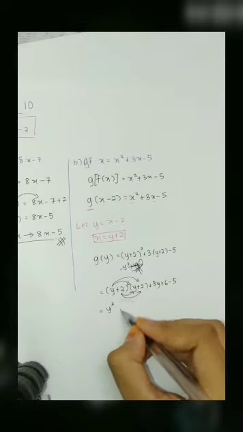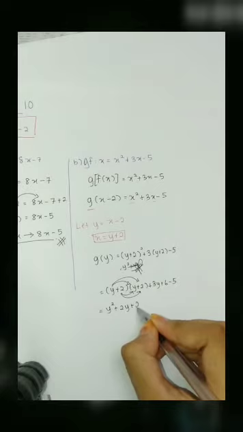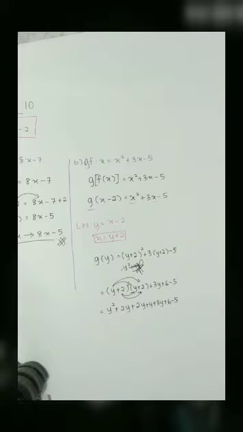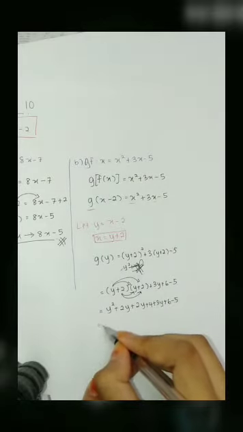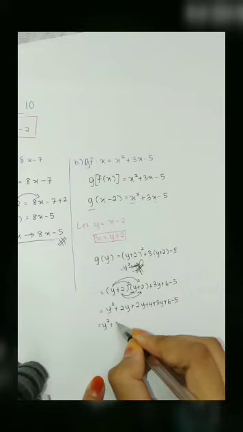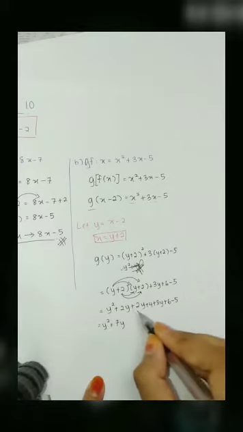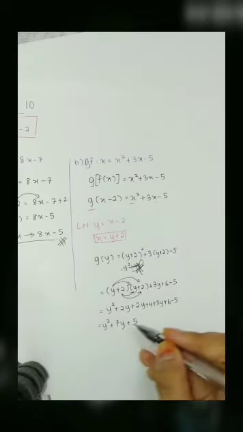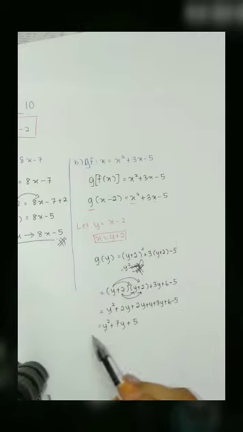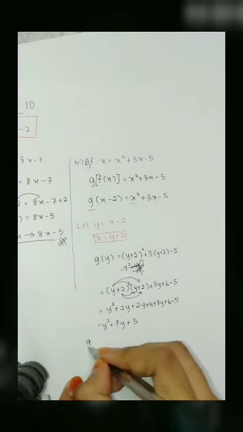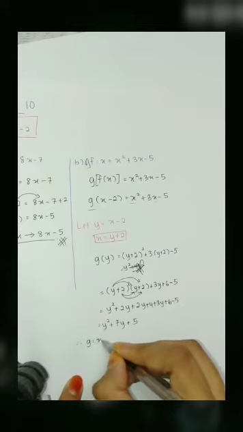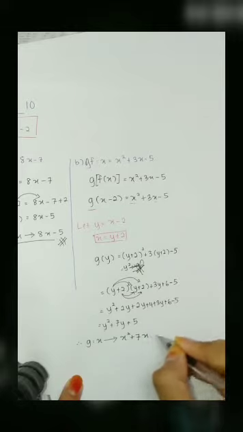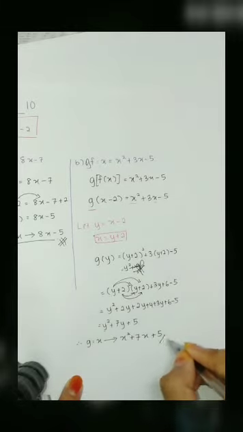So y squared plus 2y plus 2y plus 4 plus 3y plus 6 minus 5. So y squared plus 7y, so here plus 5. So we have to replace y with x. So write it back. Thus gx equal to x squared plus 7x plus 5. So this is the final answer.